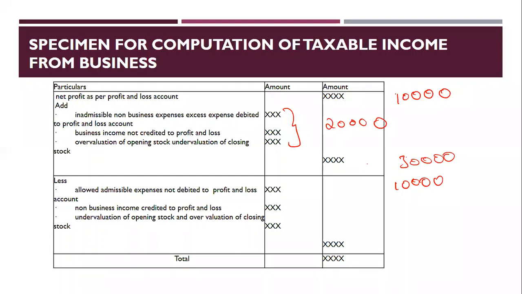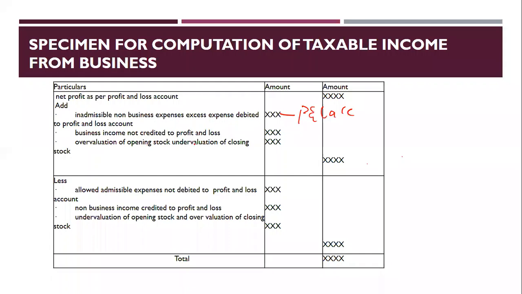So this is how we'll be computing the taxable income from business. When we do a problem, you will come to know how you can do it in a more practical way. In simple terms, inadmissible expenses you will find in your profit and loss account, and business income not credited you will find in the adjustments, and this overvaluation also you will see in your adjustments.